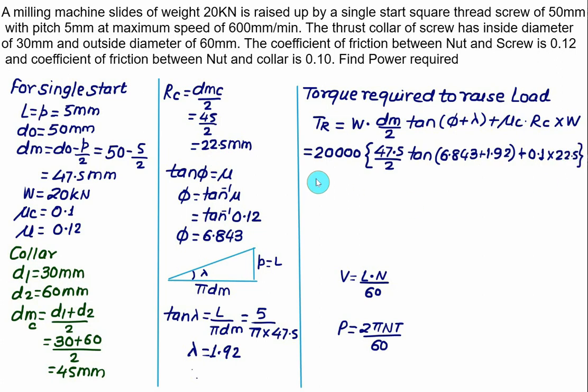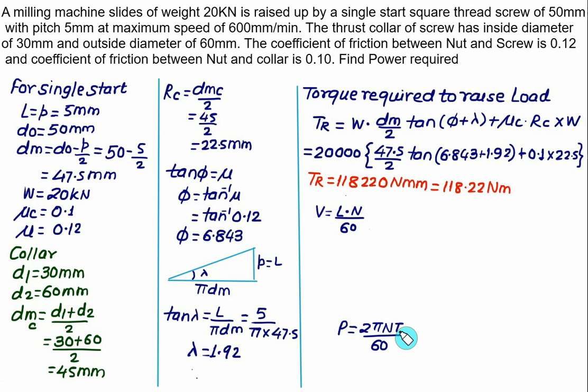Find the value of torque T. We get a torque equal to 118,220 Newton mm, that is equal to 118.22 Newton meter.